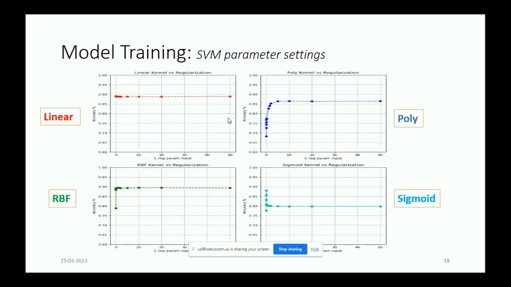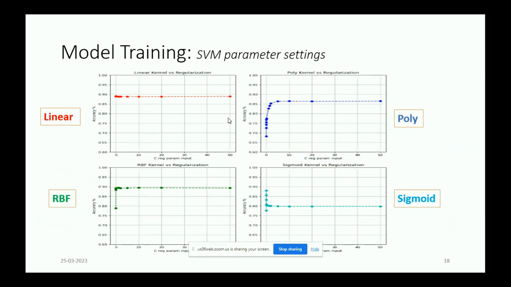To find out which kernel is the best fit for our data, we have used all 4 kinds of kernels, and on the y-axis we have the accuracy, and on the x-axis the C regularization parameter.